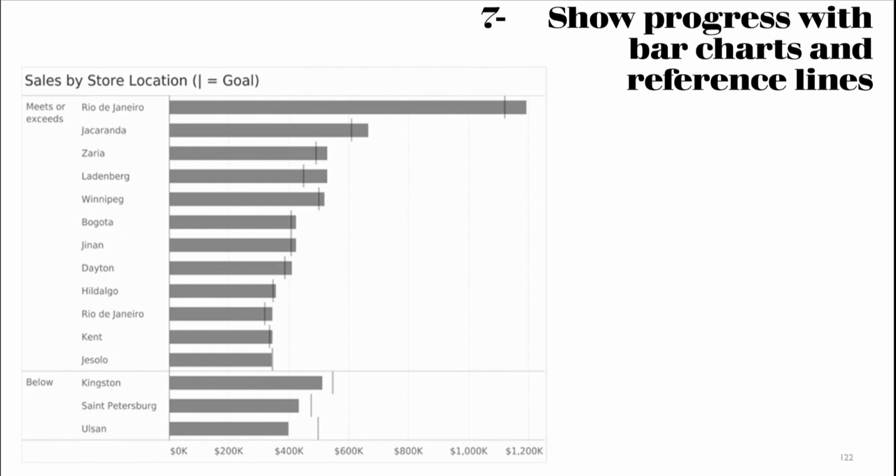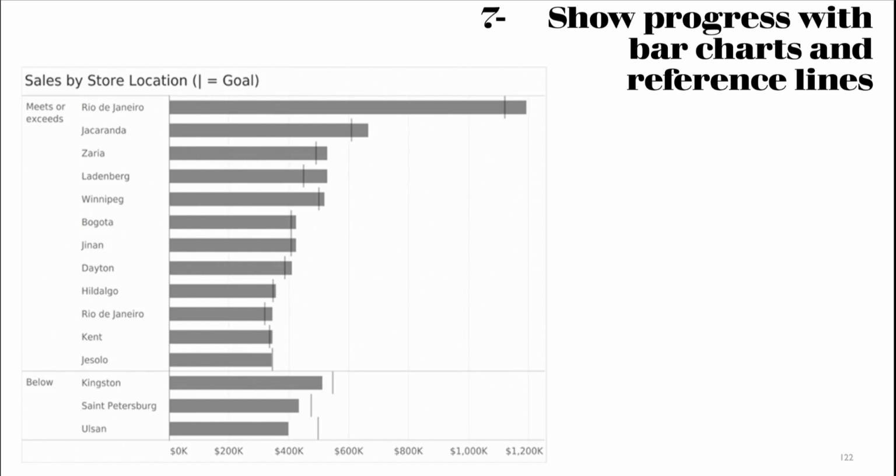More money was put into that branch, so you're not just comparing between them. So the reference line that you see in each location is the goal, and you're comparing the goal with what each location's sales reached. So yes, it outperformed, but in comparison to its goal.